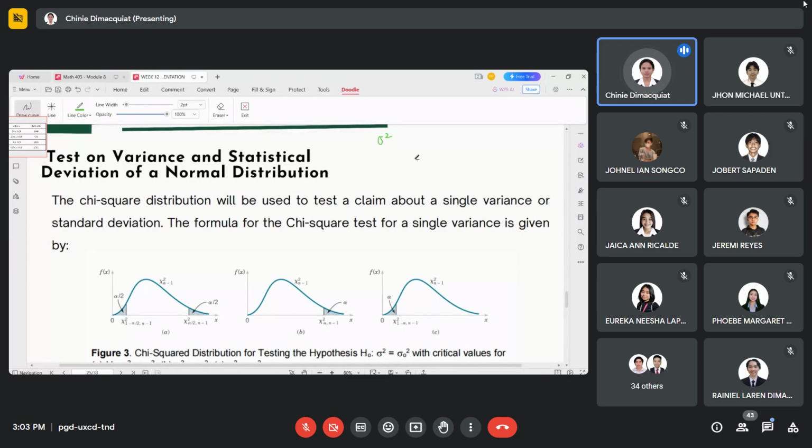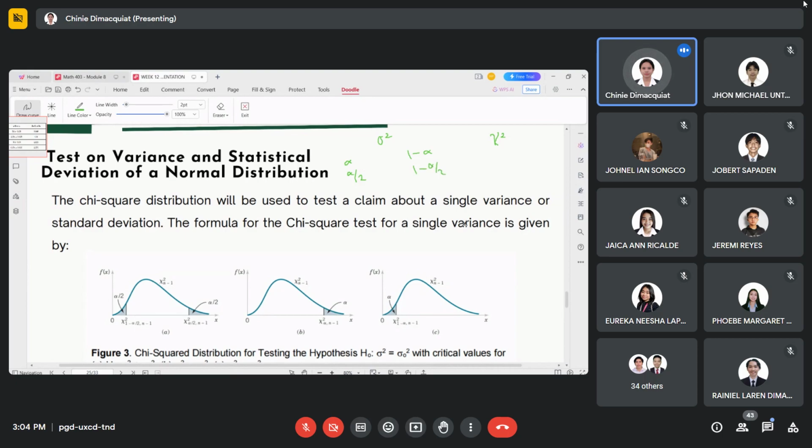If variance is our parameter, if you remember in our chi-square, when making the interval of variance, one bound is alpha and the other is 1 minus alpha. Then one is alpha over 2 for our two-tailed test, and the other is 1 minus alpha over 2.